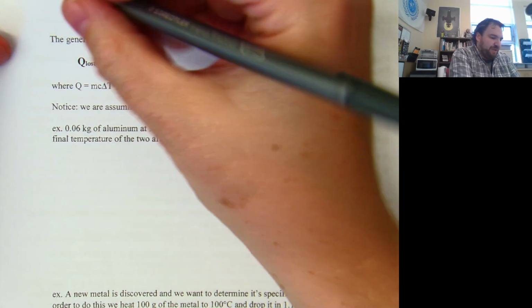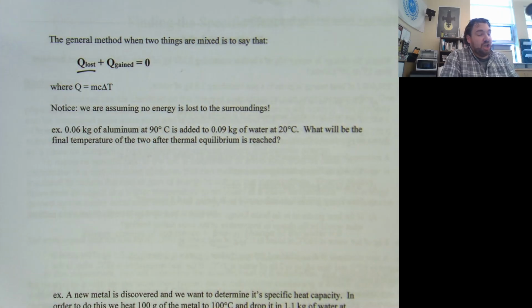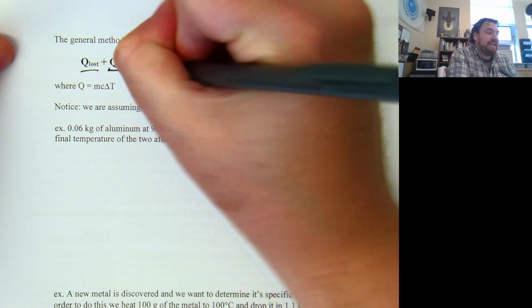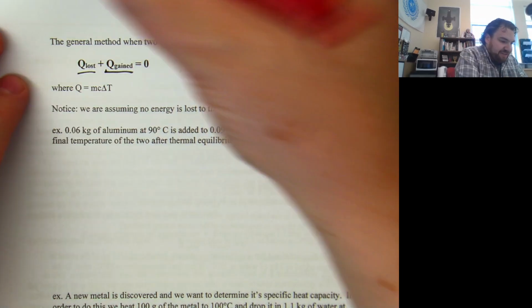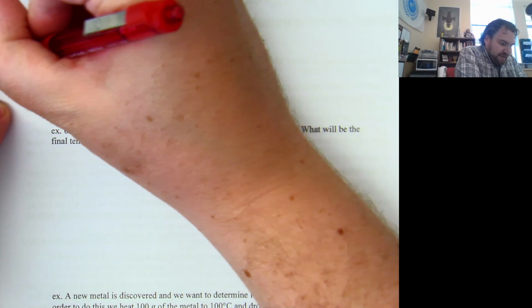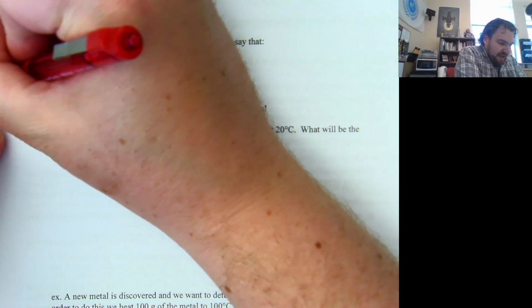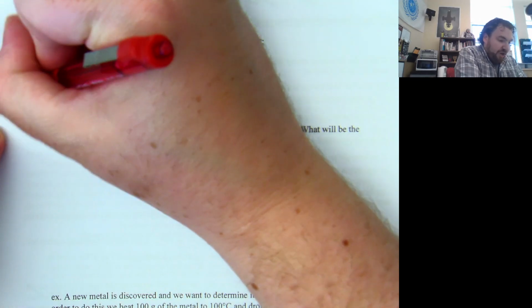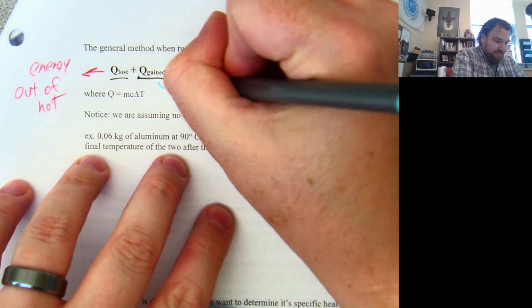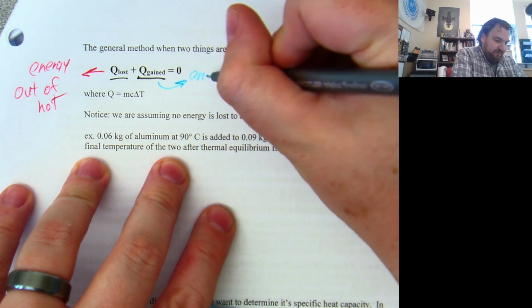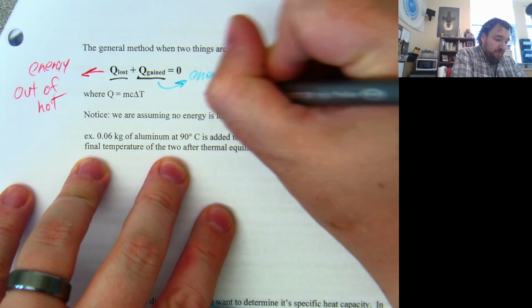And how it works is this. We say that the thermal energy lost by the hot object plus the thermal energy gained by the cold object has to be 0, because all of the energy from the one object is going into the other object. So this is the energy out of the hot object, and this is the energy into the cold object.